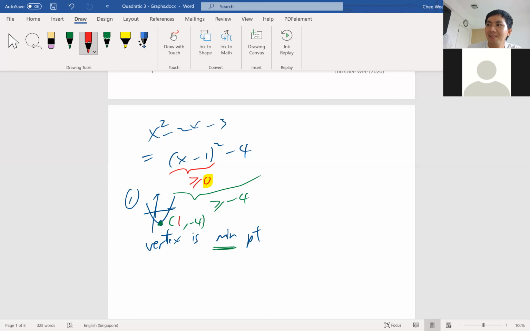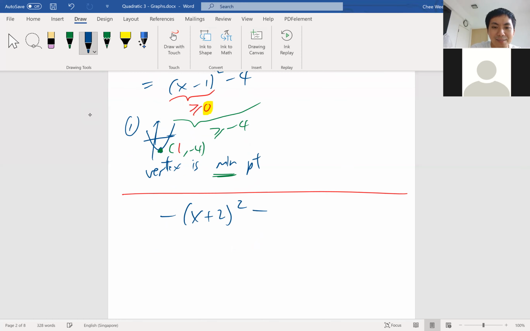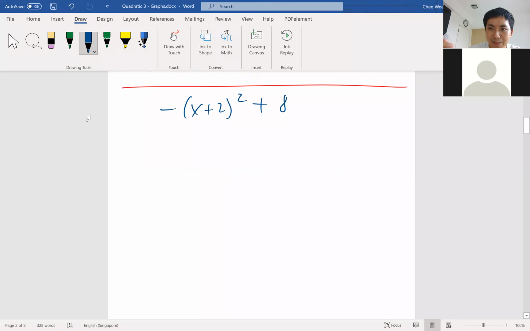Do you understand how to use a vertex form to analyze the turning point of a graph? Likewise, if I give you something like minus (x plus 2) squared plus 8, lead me through the string of arguments that will declare the vertex, or the maximum point in this case.